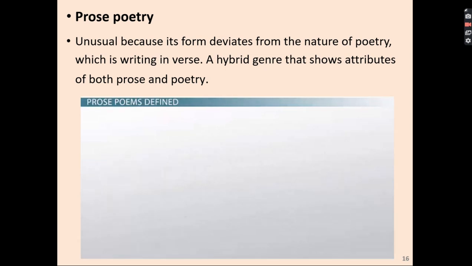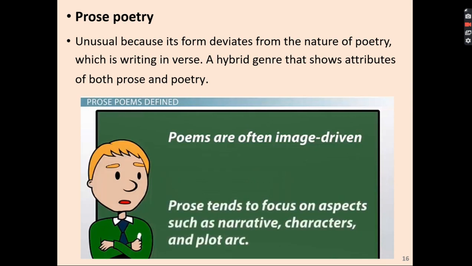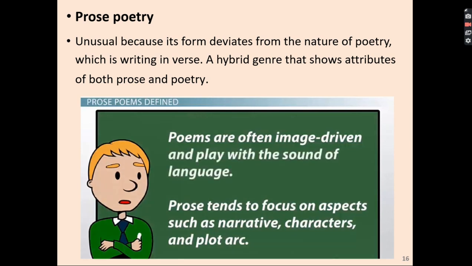There is more to poetry than poetic meter, of course. Poems are often image-driven and emphasize visual descriptions, including metaphors, while prose tends to focus on aspects such as narrative, characters, and plot arc. In addition, poems also play with the sound of language using repetition and rhyming.